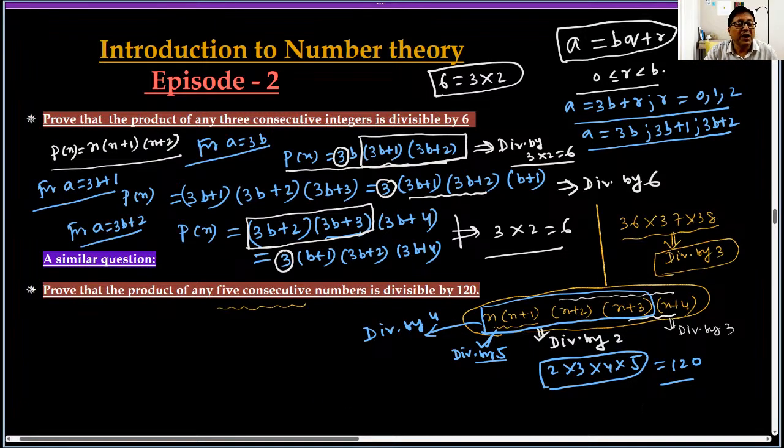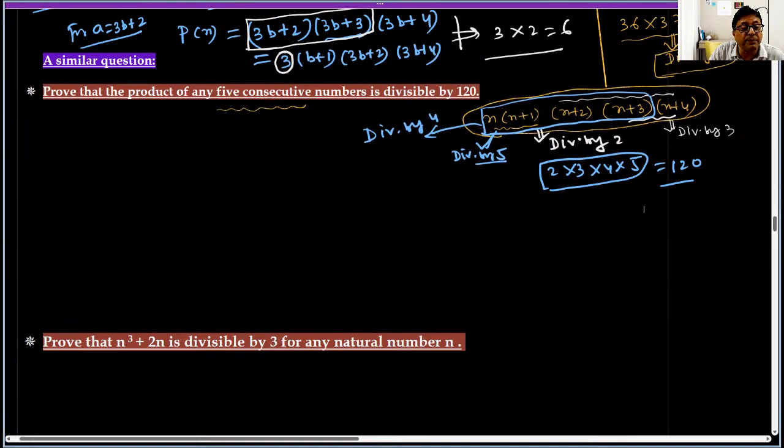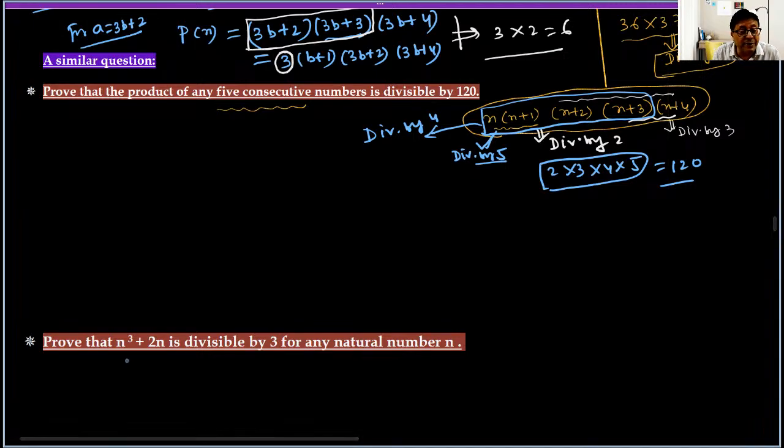Alright, let us go for the next type of problem. Prove that n cube plus 2n is divisible by 3 for any natural number n. N cube plus 2n is not a product of two consecutive integers, even if you factorize it. You have to take care of that part.